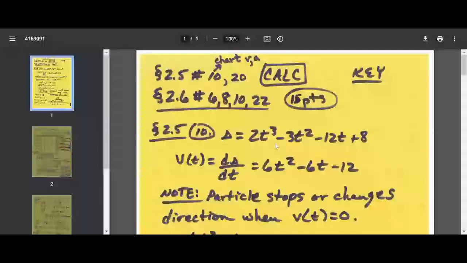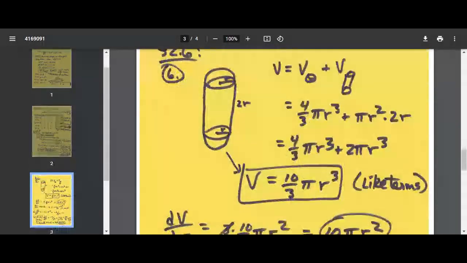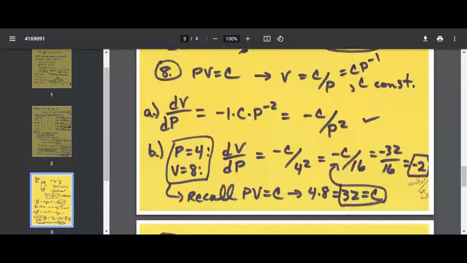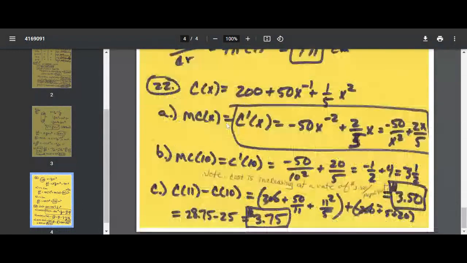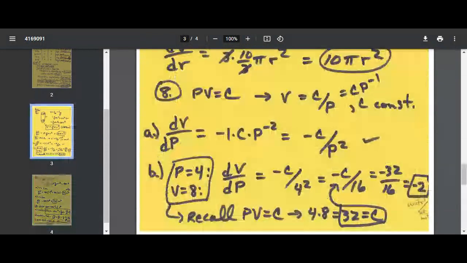I don't know if you have my keys next to you or not. Yeah, I see how you did that. I see the process of just taking a derivative of V equals C over P, so then you end up getting negative C over P squared.